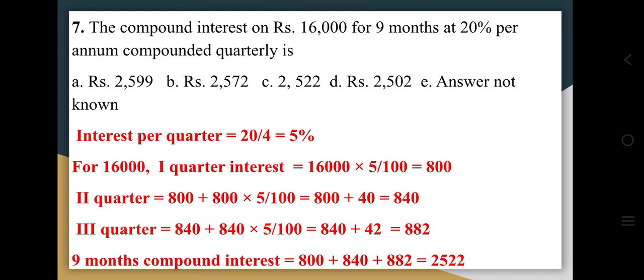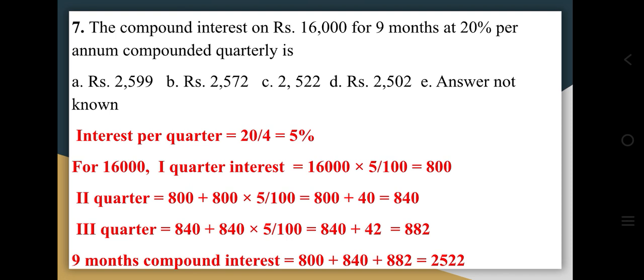What is the third quarter interest? Third quarter interest is second quarter interest plus interest for second quarter interest. So the third quarter interest is 840 plus interest for 840 at 5% rate. So 840 plus 840 into 5 by 100, which is 840 plus 42, that is 882.